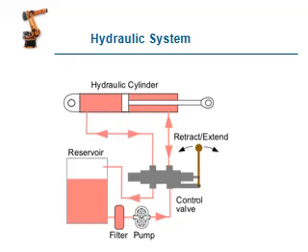This is a hydraulic system view. There are reservoirs available. Then the pump is operated, so oil enters first the filter, then the pump. After the pump, the pressurized oil goes to the control valve, maybe a direction control valve or any other valve.